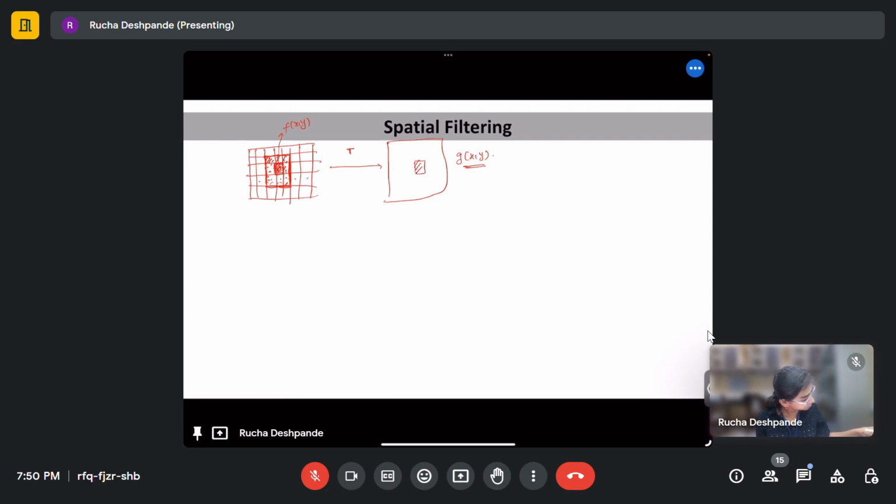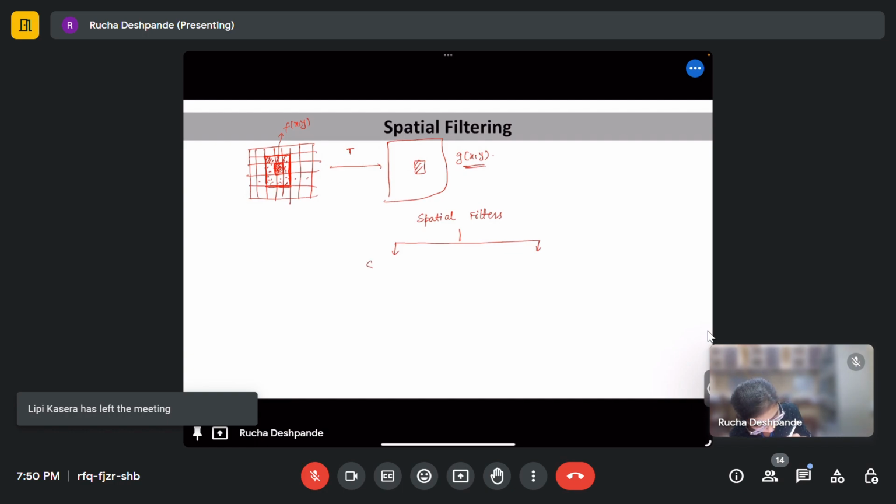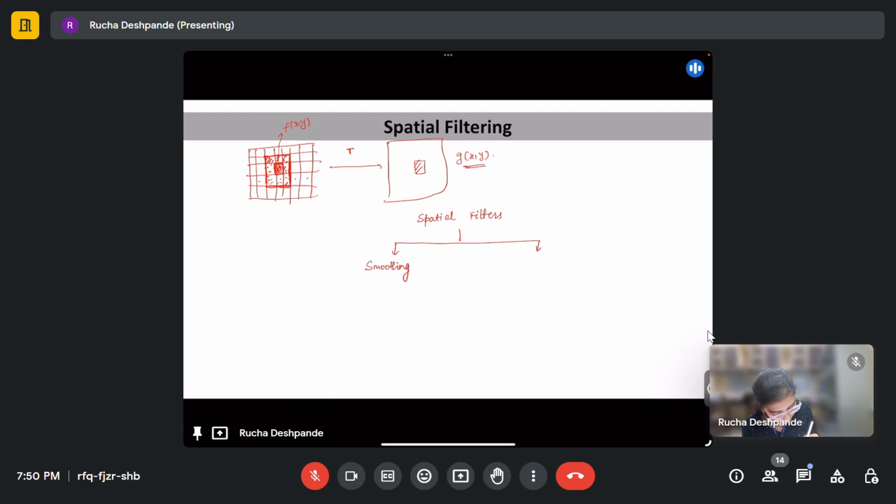These spatial filters can either create a smoothing effect or a sharpening effect in the input image. After we apply this filter, your image will either be smoothened or it will appear very sharp.